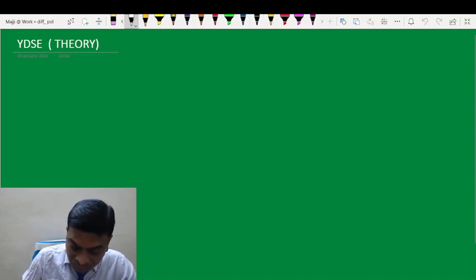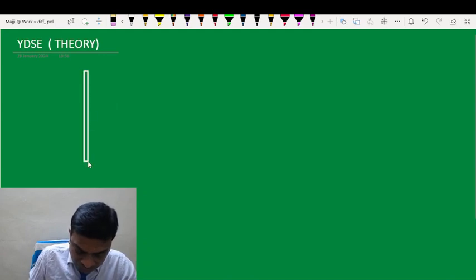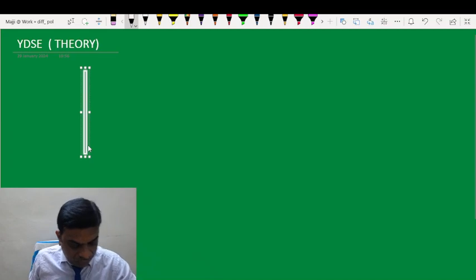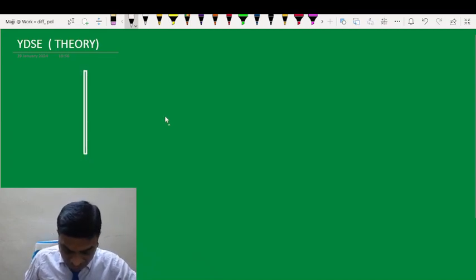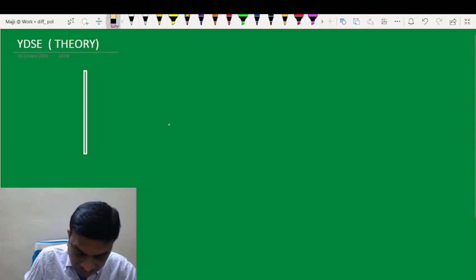So first of all, the diagram will be something like this. First I'll draw a slit here. Okay, so this is a slit, so we have a slit.